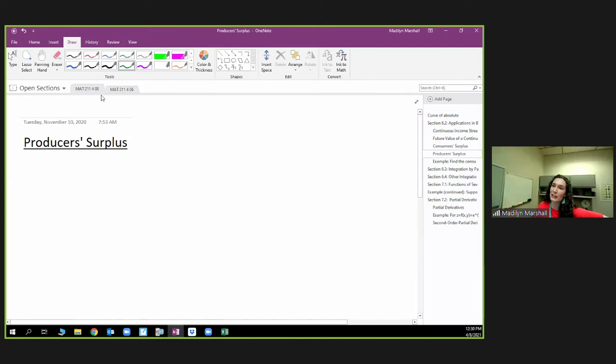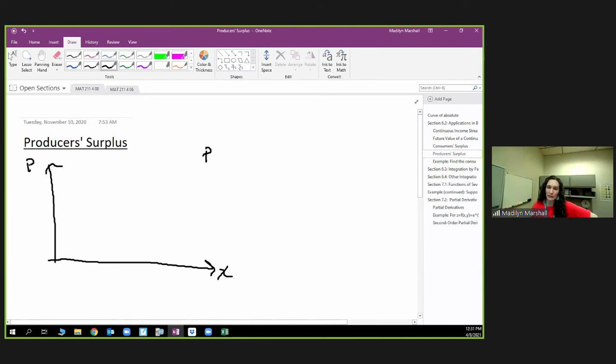But producers can also have a surplus. I'm going to draw this one quicker. So in this case, we're still going to have price, X, the number of units that we are selling, and P, the price per unit. But in this case, we're going to have a price supply equation.